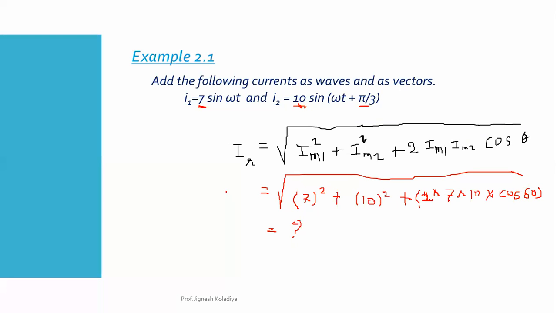Yes. Who is this? Bahati. Yes, Bahati, your answer is correct. It is 14.79, or in round figure you can take 14.8. Okay. IR by using the parallelogram method is 14.79, or 14.8.